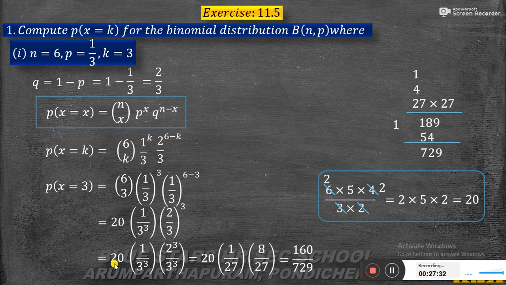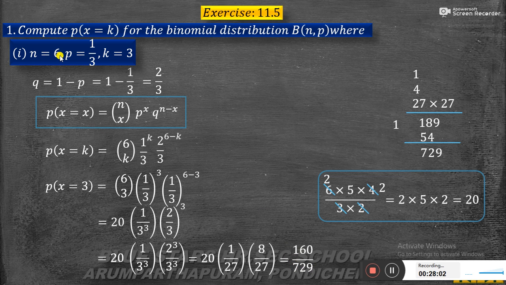So in the next step 20 into 1 by 3 power 3, I split the power, I write the power in the numerator and denominator, 2 power 3 by 3 power 3. 3 power 3 means 27, 27 into 27 is 729, and 2 power 3 is 8. 20 into 8 means 160. So 160 by 729 is the answer for subdivision 1.